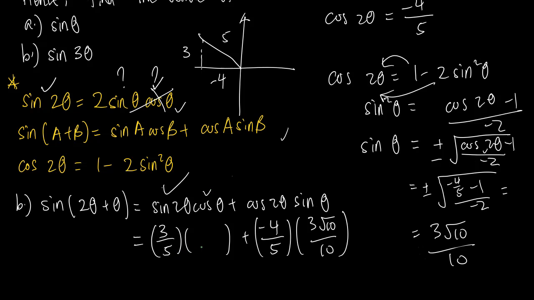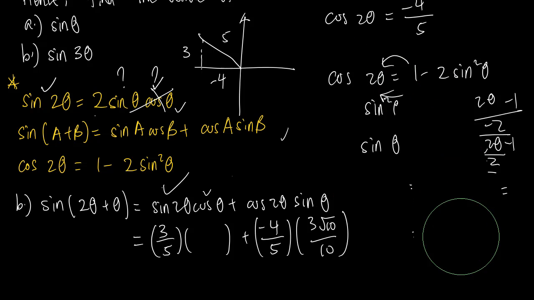To find cosine theta, we have a few ways. The first way is to use the double angle formula again, whereby cosine 2 theta is equal to 2 cosine square theta minus 1. And another one is using the double angle from sine 2 theta.